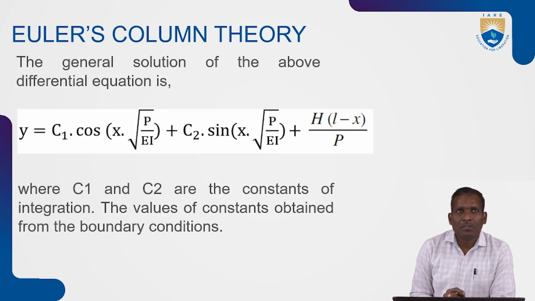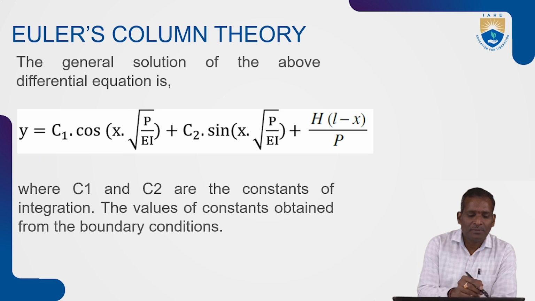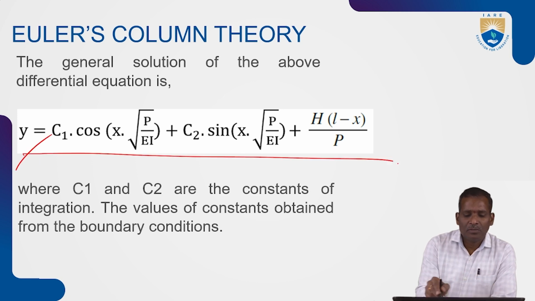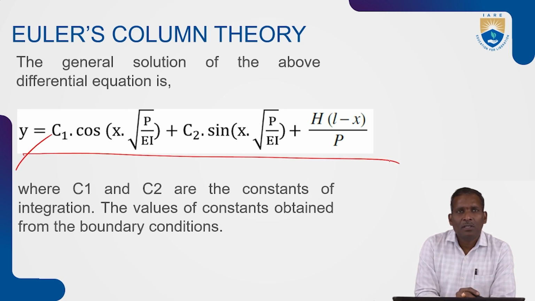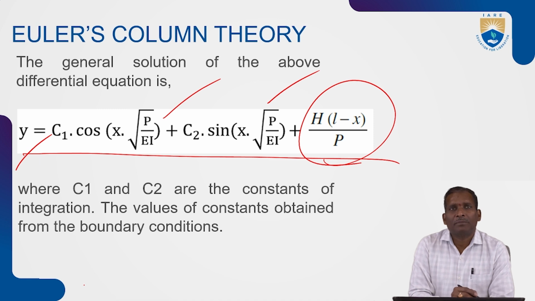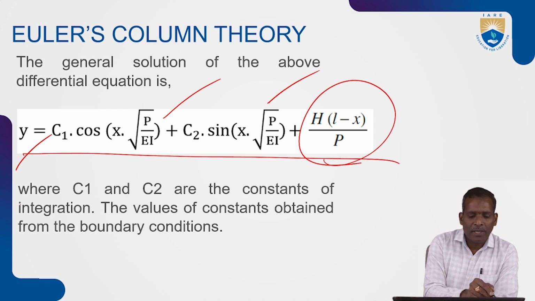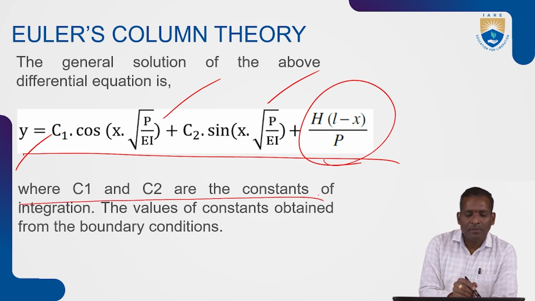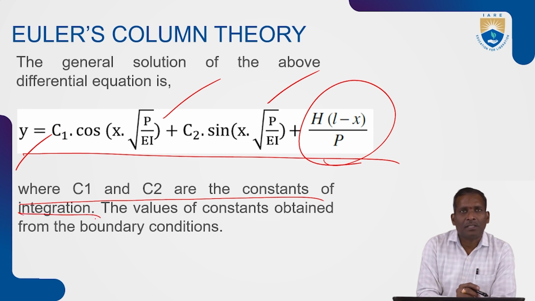Now the general solution of the above differential equation is y equal to C1 cos x into square root of P by EI plus C2 sin x into square root of P by EI plus H into (L minus x) by P, where C1 and C2 are the constants of integration.